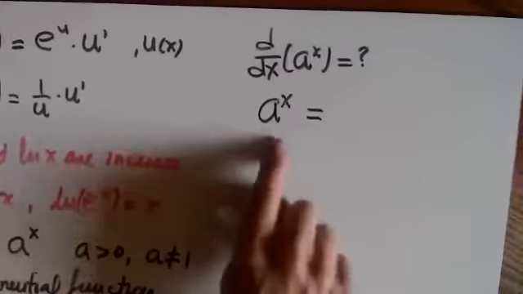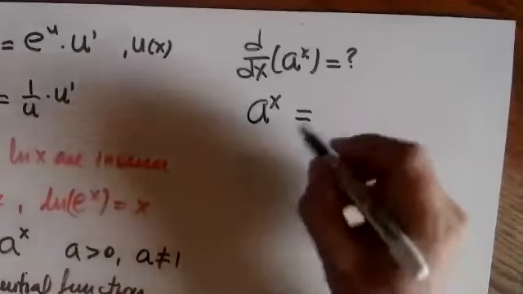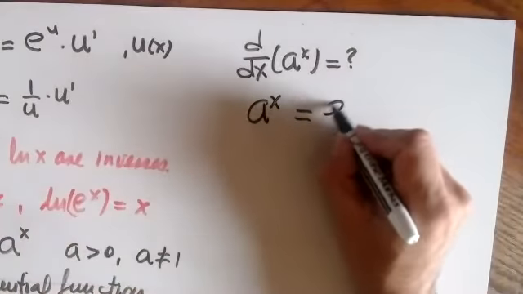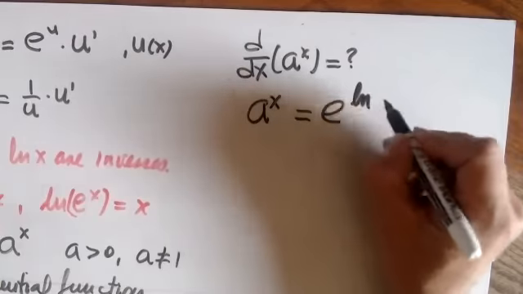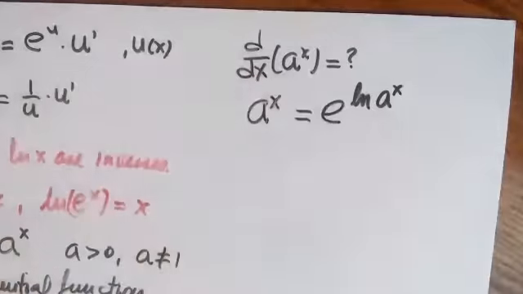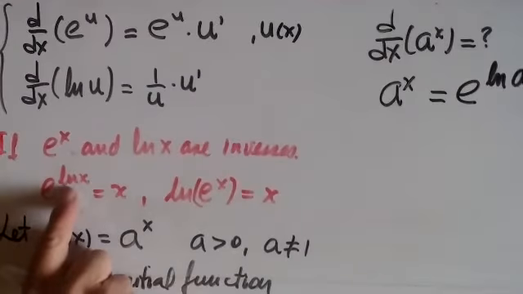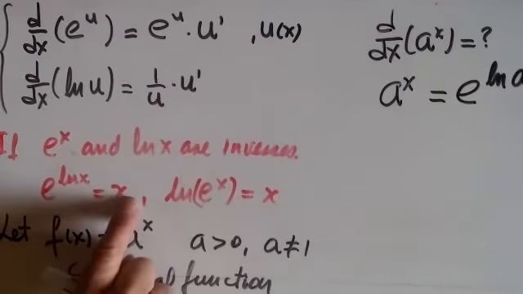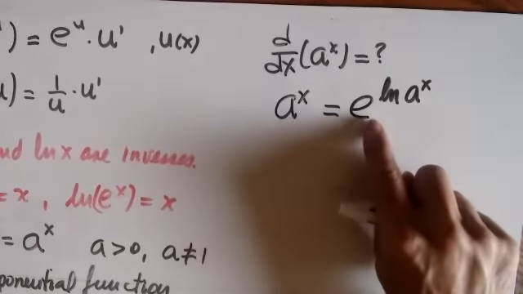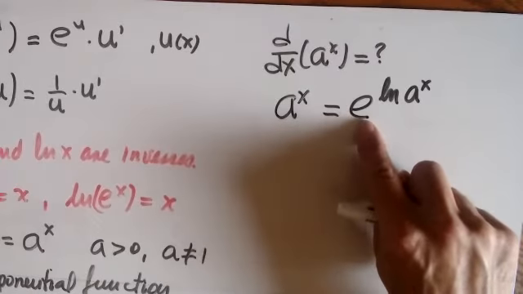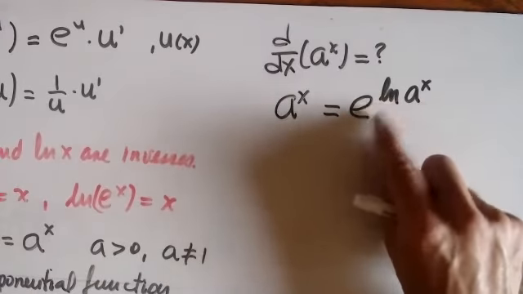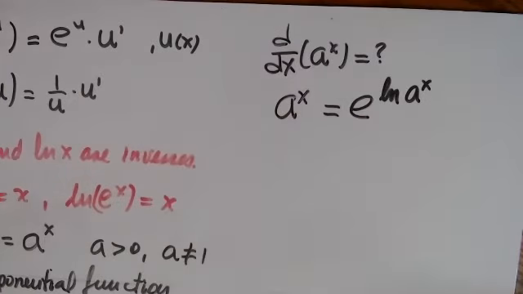I'm going to change this exponential by another exponential. So I'm going to write e to the ln of a to the x. By these properties, I know that the e and the ln cancel and I get a to the x back. So really, I'm not doing anything here.